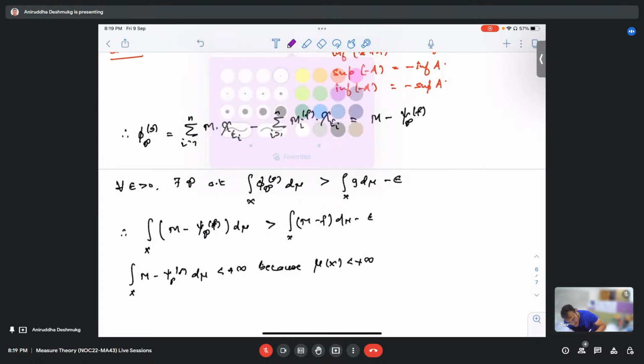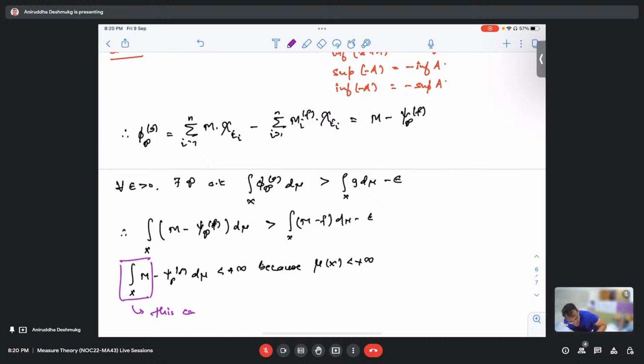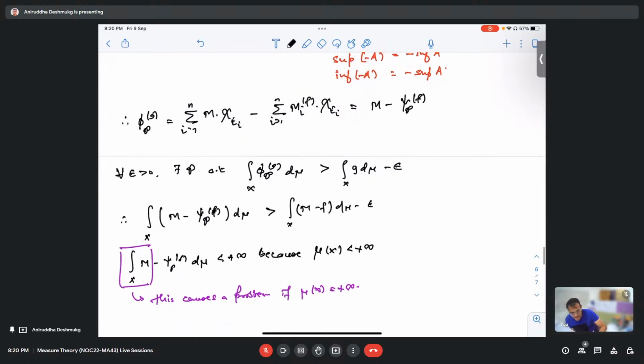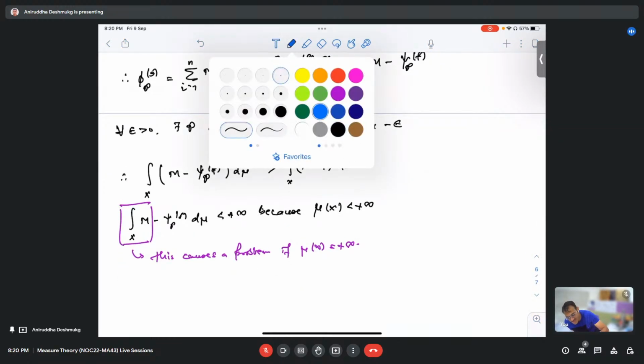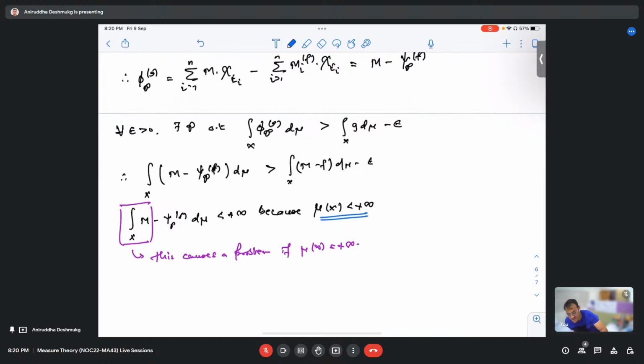Otherwise, this integral of M will cause a problem. So we require this another assumption that the measure of X is finite, and that is why I wrote it in the very beginning.